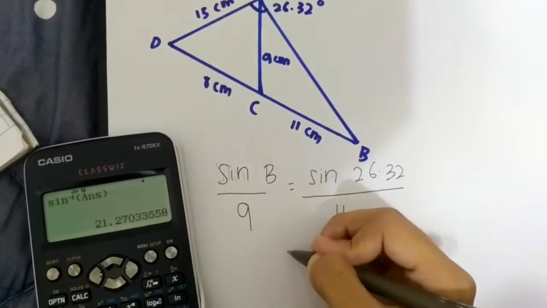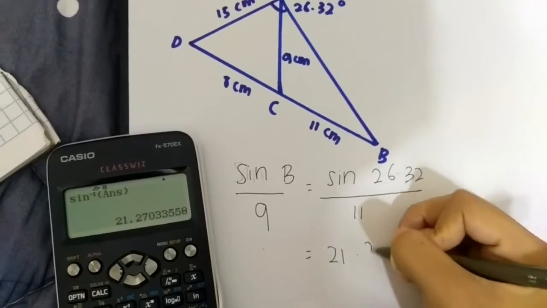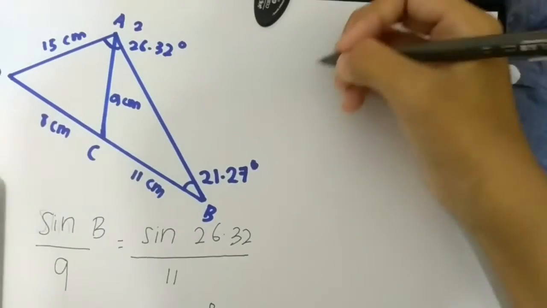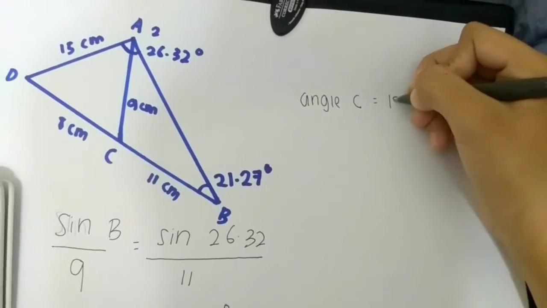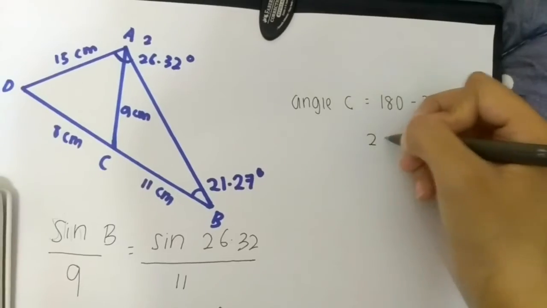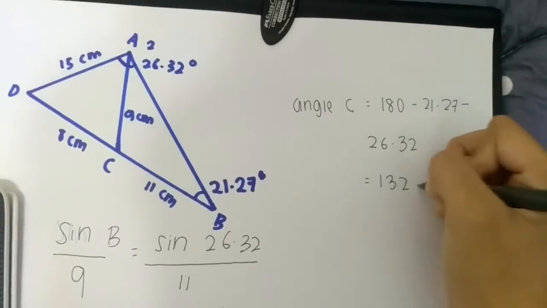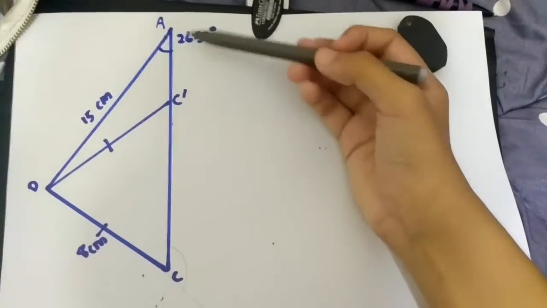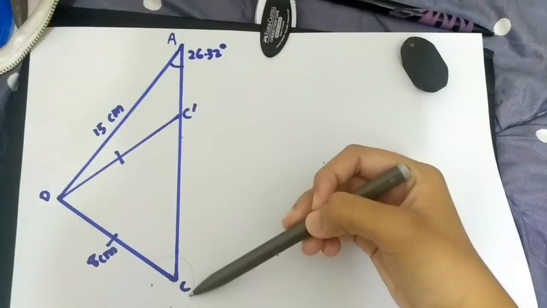You will get 21.27 for angle B. Now, we can calculate the value of angle C. 180 minus 21.27 minus 26.32 equals to 132.41.